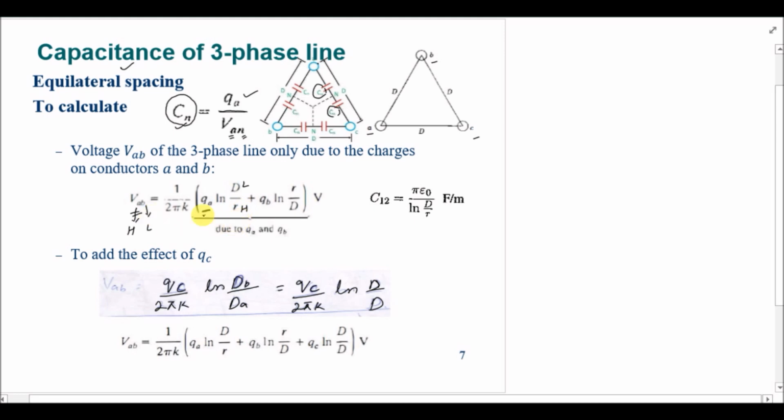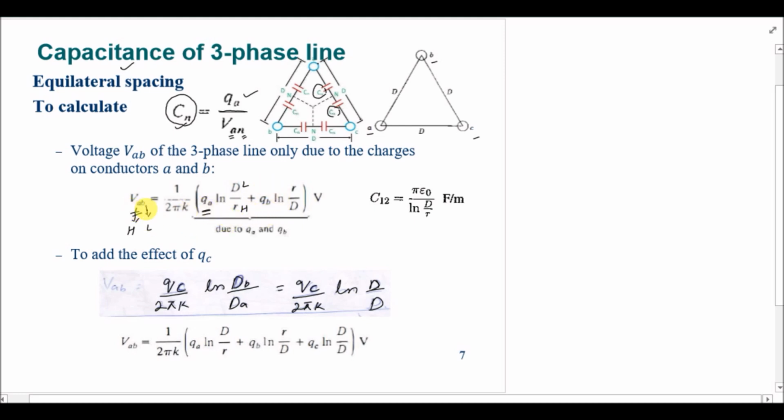So in this case, if we have to find the voltage VAB due to charge QA, the assumptions remain the same as in the last lecture when we were calculating the line to line capacitance. We were starting from the charges, and when we were considering one charge over a conductor, the other charge was considered to be 0. So in this case the condition remains the same.